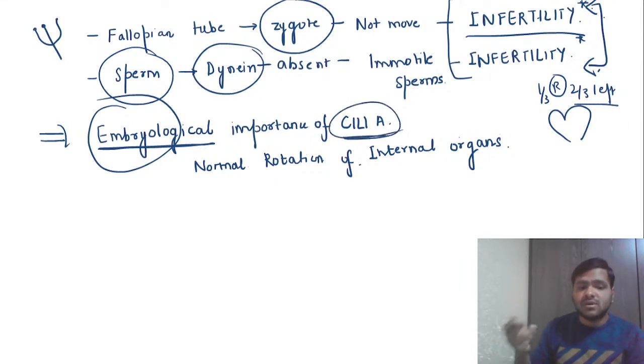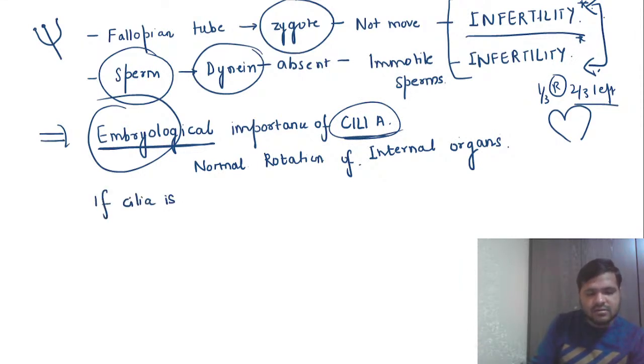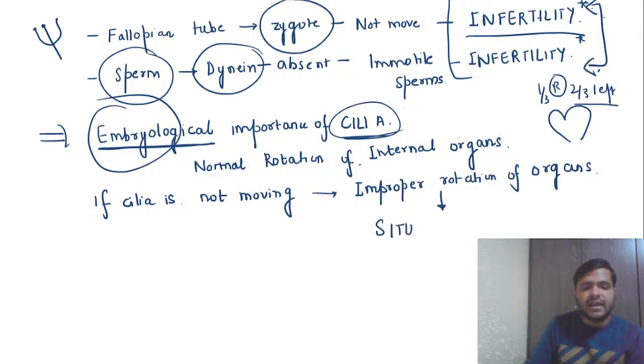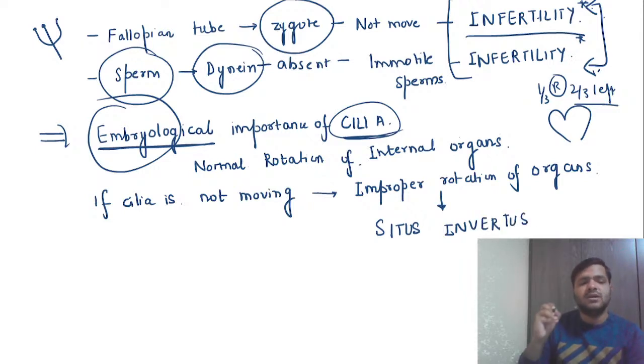Now, suppose the cilia is not moving. What will happen? There will be improper rotation of organs, that is called situs inversus.